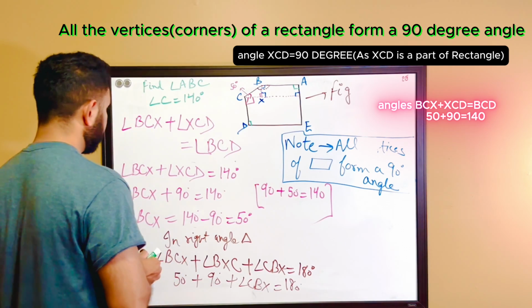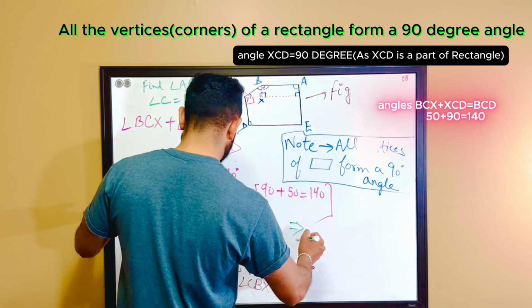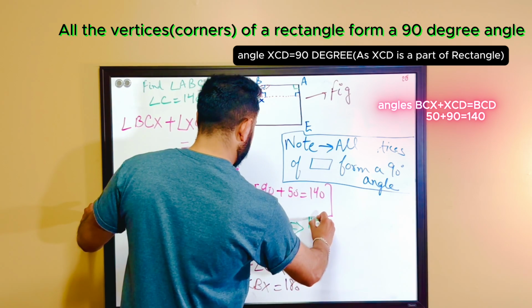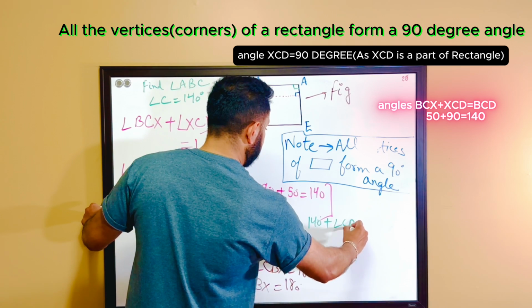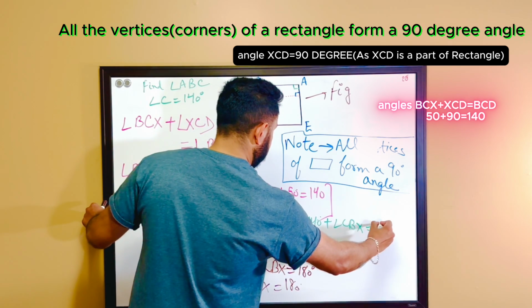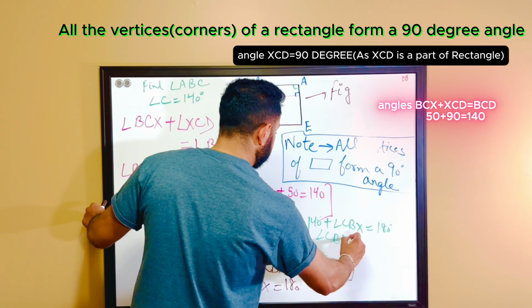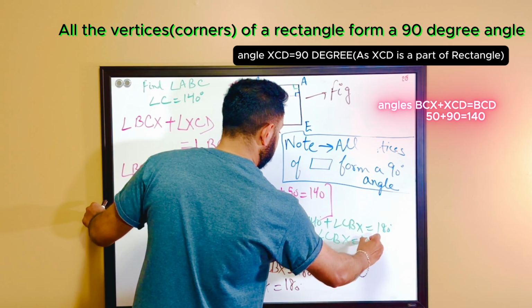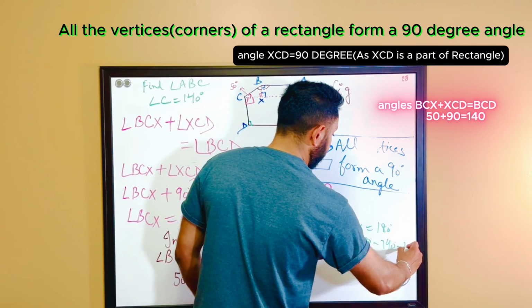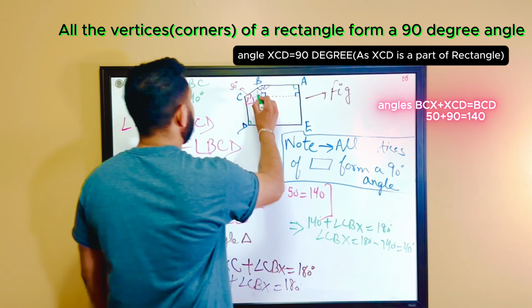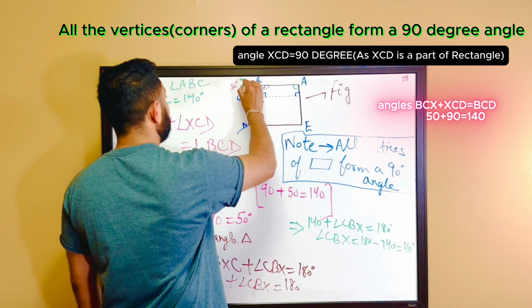So this implies 140 plus angle CBX is 180 degrees, and angle CBX is 180 minus 140, so that means 40 degrees. So this angle is 40.